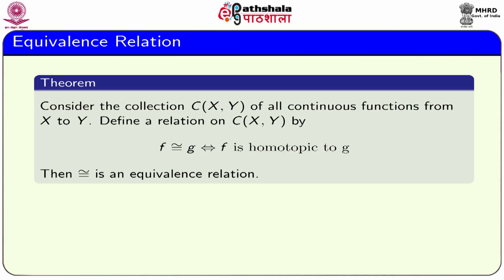Now, we show that being homotopic is an equivalence relation. For that we state the theorem. Suppose we are taking a collection C(X,Y) of all continuous functions from a topological space X to another topological space Y and define a relation on C(X,Y) by f is related to g if and only if f is homotopic to g.